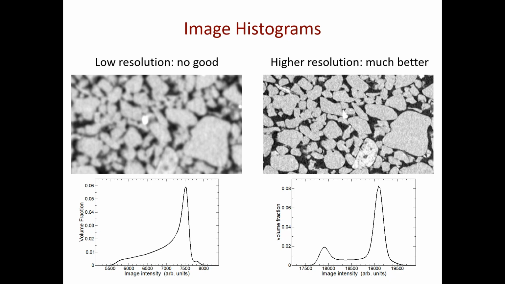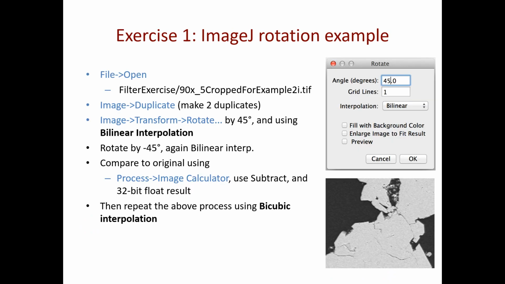If I don't have a clear distinction between the phases or the populations in the histogram, I have problems that I need to deal with. So we might need to do some filtering to make this better for further processing. Nothing really replaces higher resolution in getting a better quality image.